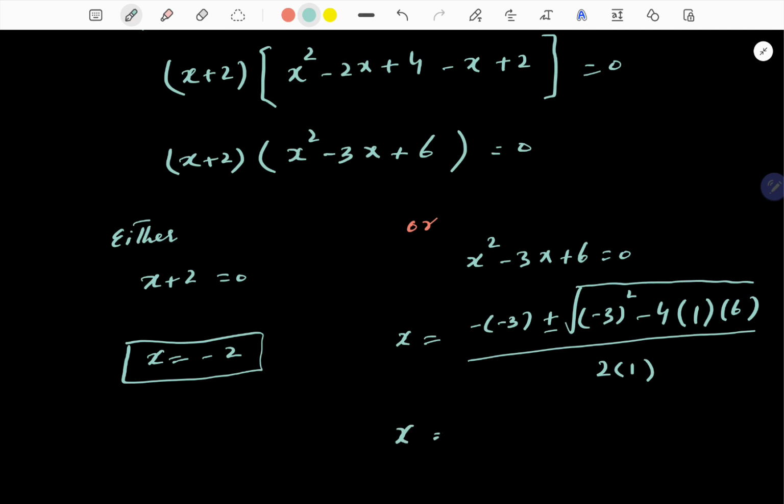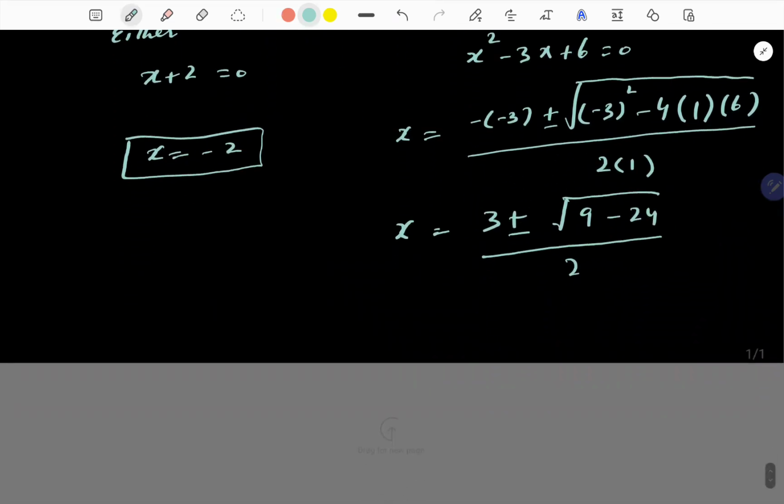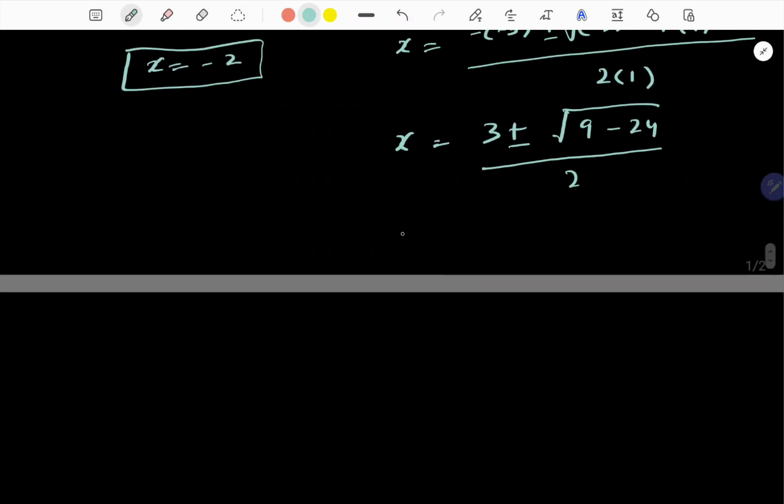So x is equal to 3 plus minus square root of 9 minus 24 over 2, which will be x is equal to 3 plus minus square root of minus 15 over 2. So you can see that this is complex, so we will not consider it. The only real solution is x is equal to minus 2.